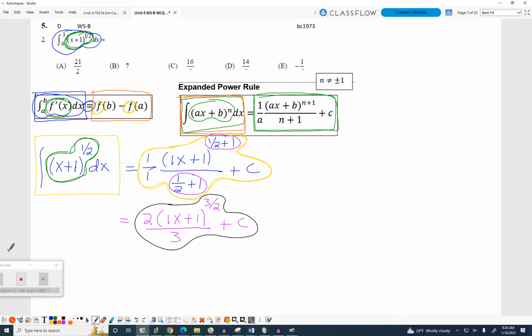Natalie, how is this black formula related to the green formula over here? It's the antiderivative of the green. Nice. So black is the antiderivative of the green. Therefore, green is the derivative of the black. 3 points.